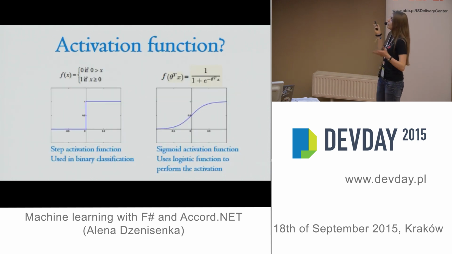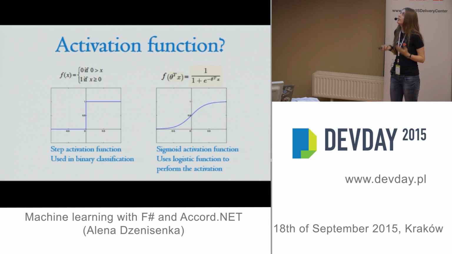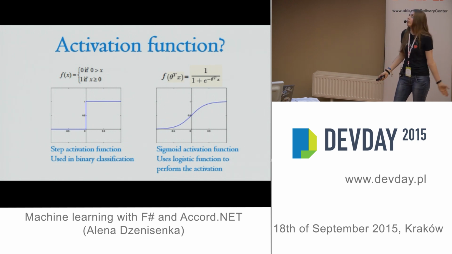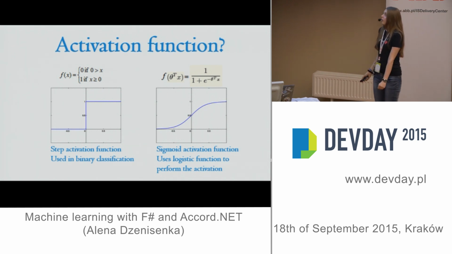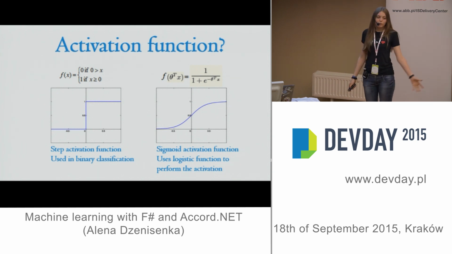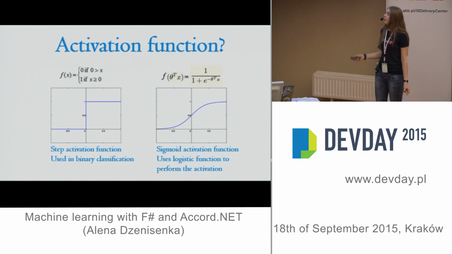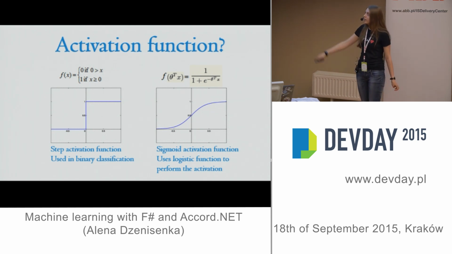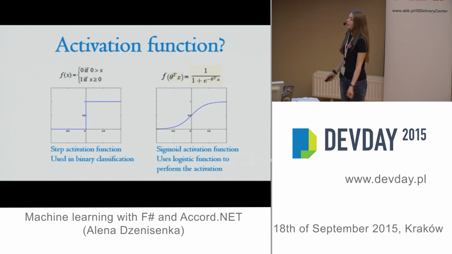What is actually the activation function? It is classification, so it will be a little bit similar to logistic regression. If we have only 2 options for the output, either 1 or 0, we can use a step activation function. It is used in binary classification.